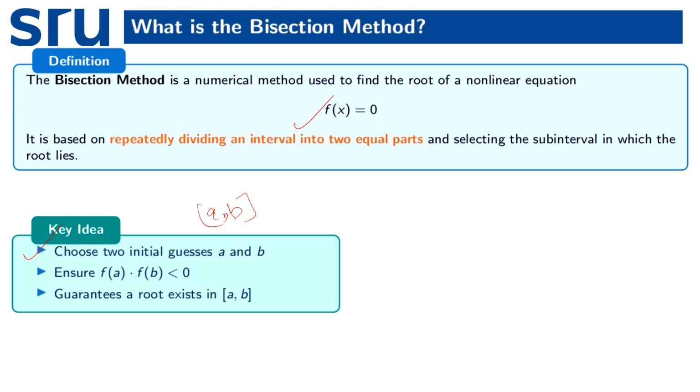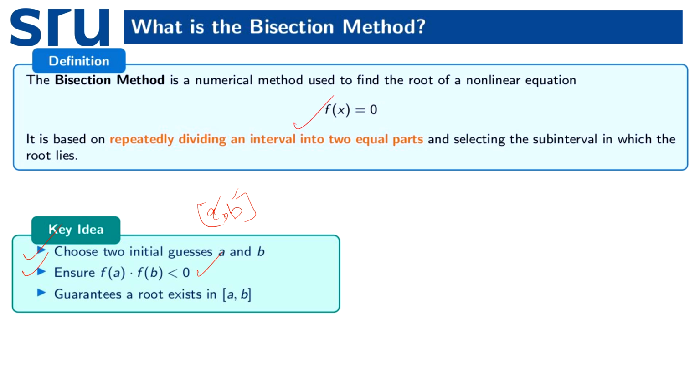The second point is that we must ensure that the product of the function's values at these two points, f(a) and f(b), is less than 0. This condition should be satisfied: f(a) times f(b) should be less than 0.